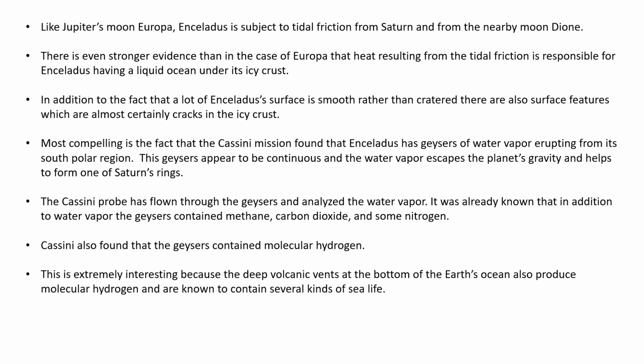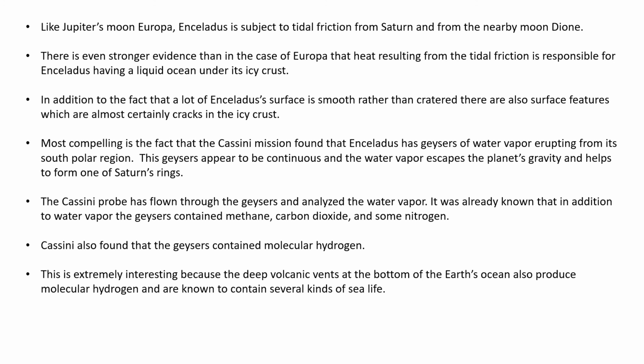We already knew from Hubble images that the water vapor also contains some methane and carbon dioxide and some nitrogen. But Cassini found also molecular hydrogen in amongst that water vapor.